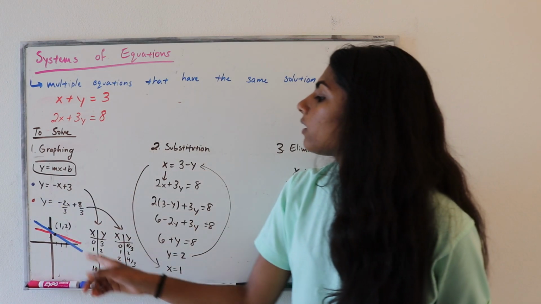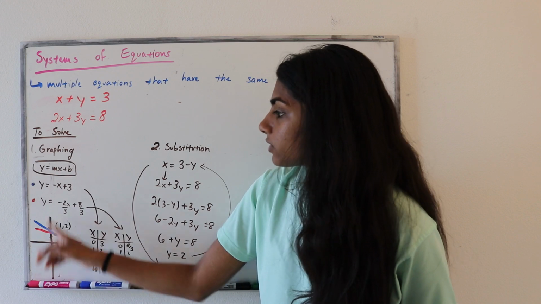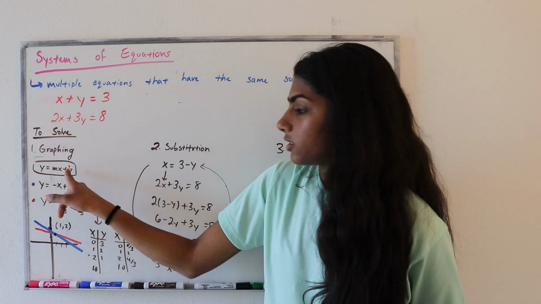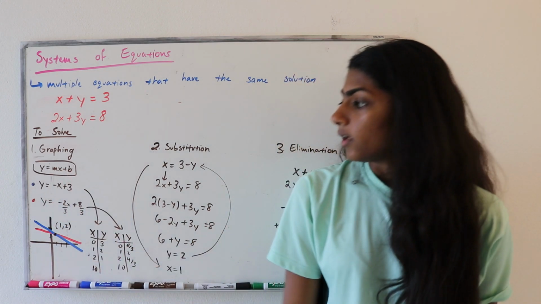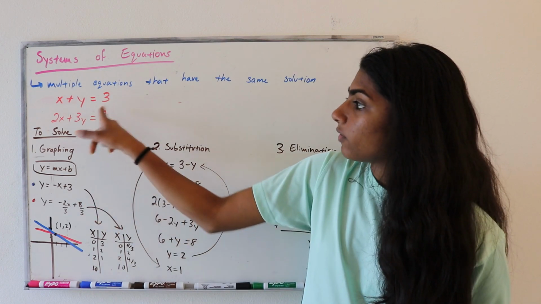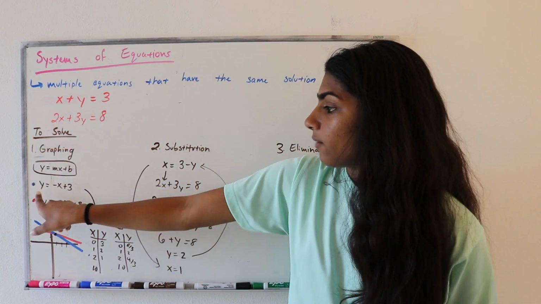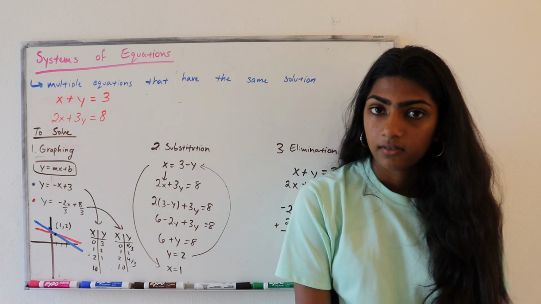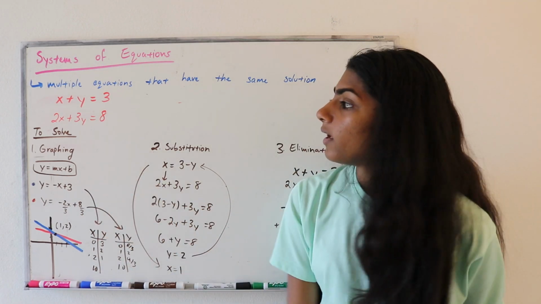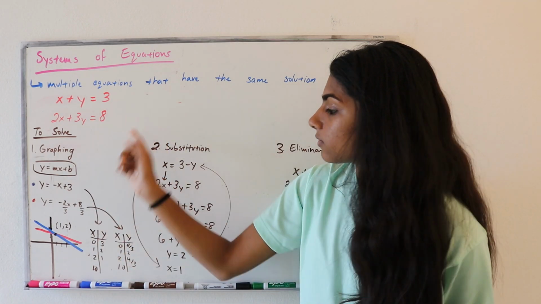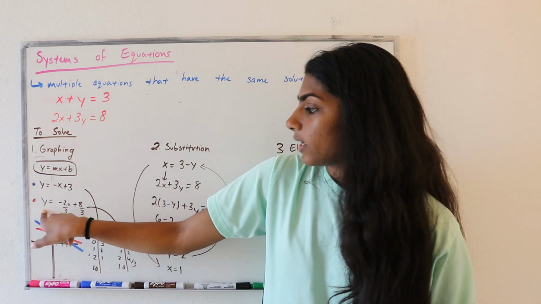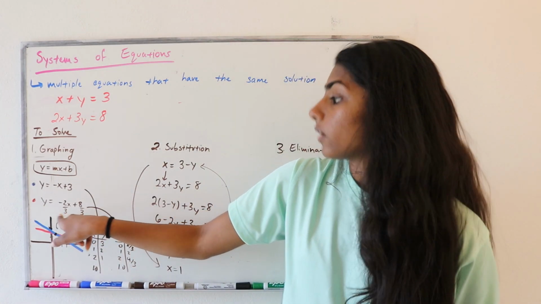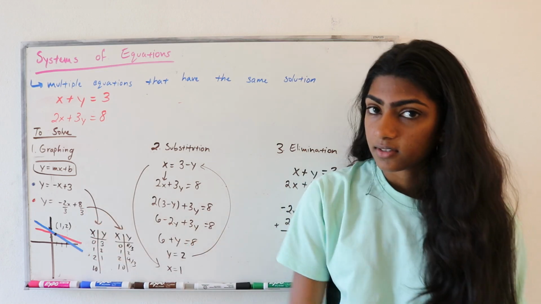That means when x equals 0, the point would just be 0, b. For our first equation, we move things around and get y equals -x plus 3 in mx plus b form. For the other equation, we move things around and divide, and we get y equals -2/3 x plus 8/3.